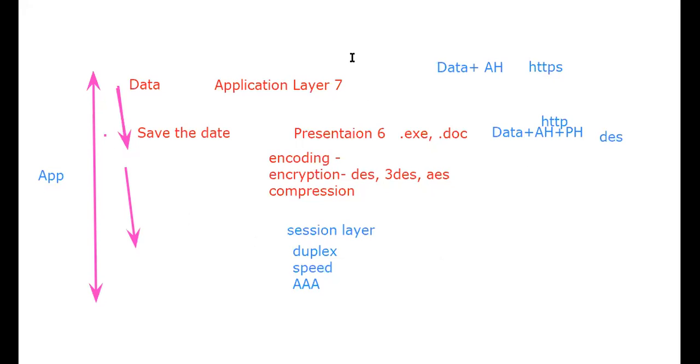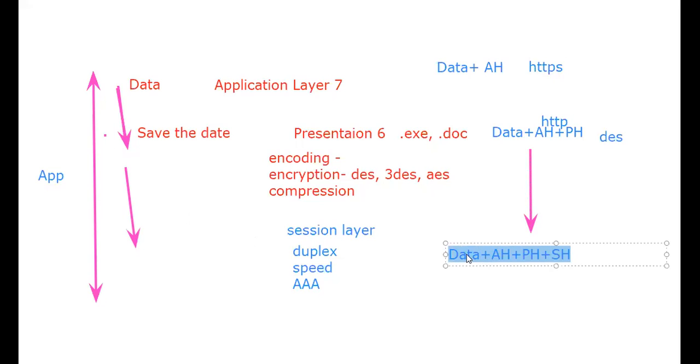Then the data comes from the presentation layer to your session layer. When you come to the session layer, your data plus application layer header plus presentation layer header, together we call the session layer header. Still, your data is data only.